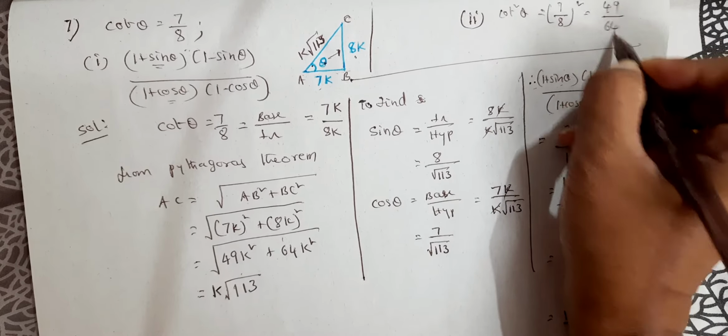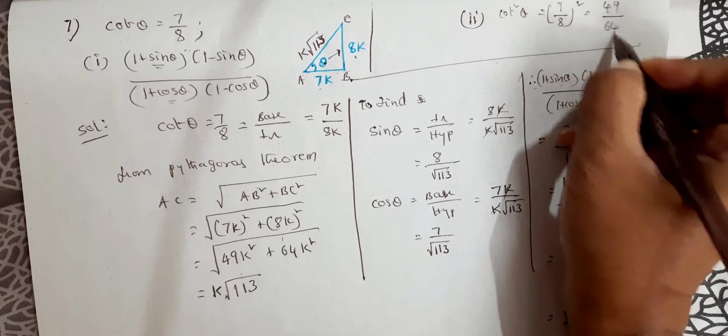And you know very well that you can split the power, whenever it is either division or multiplication. So it can be written as 7 square by 8 square. Okay, so this is the second bit. You can pause the video and note it down.